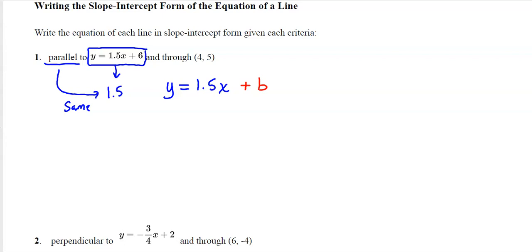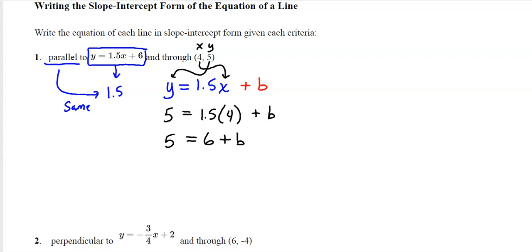So here's where I'm going to use the same exact skill we did in lesson 2.4. I have a point that it goes through. This x, y lives on the line. It makes the equation true. So I can substitute the 4 in, and I can substitute the 5 in and solve for it. So 5 equals 1.5 times 4 plus b. This is 5 equals 6 plus b.